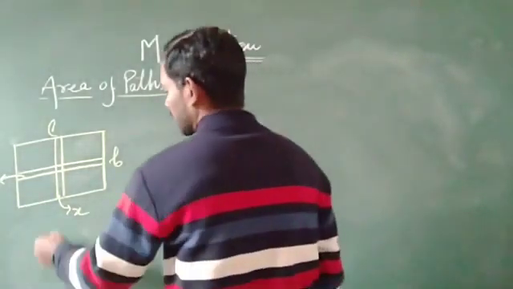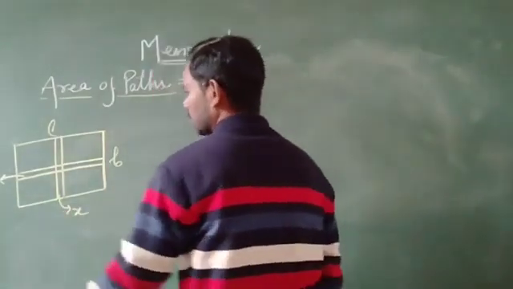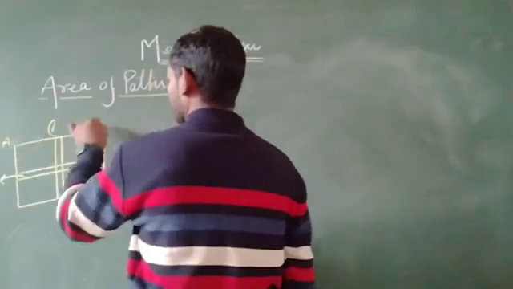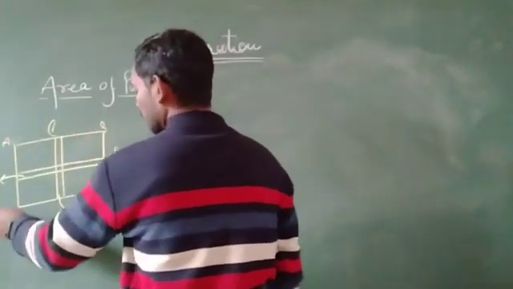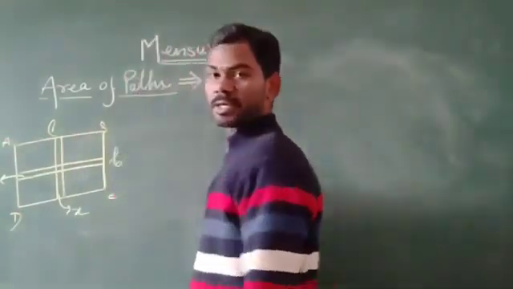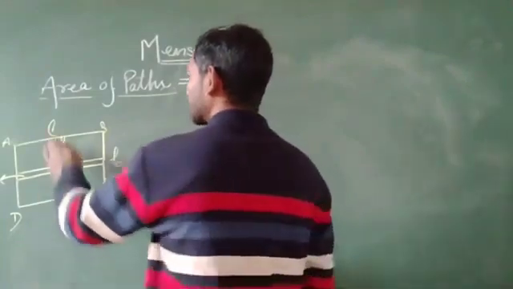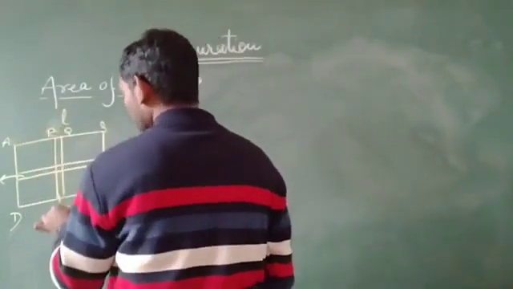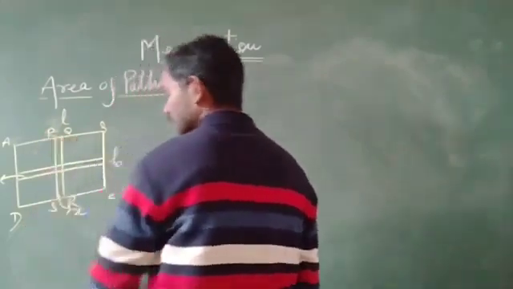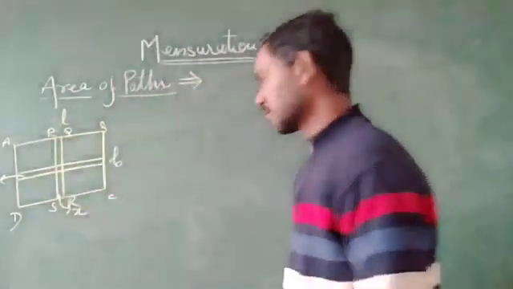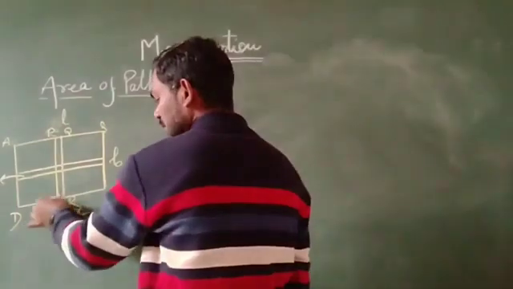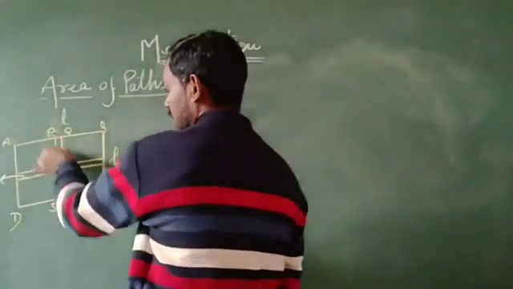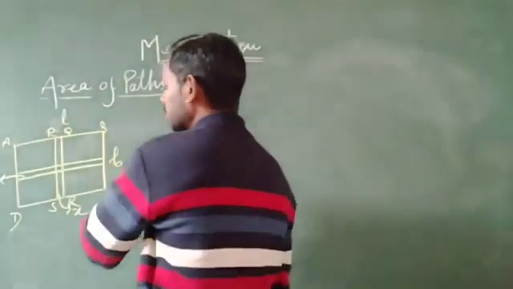Now here we can see that if we give the names, we have A, B, C, D. This is rectangle ABCD. Also you can see that PQRS is also a rectangle having the breadth as x and the length as b.